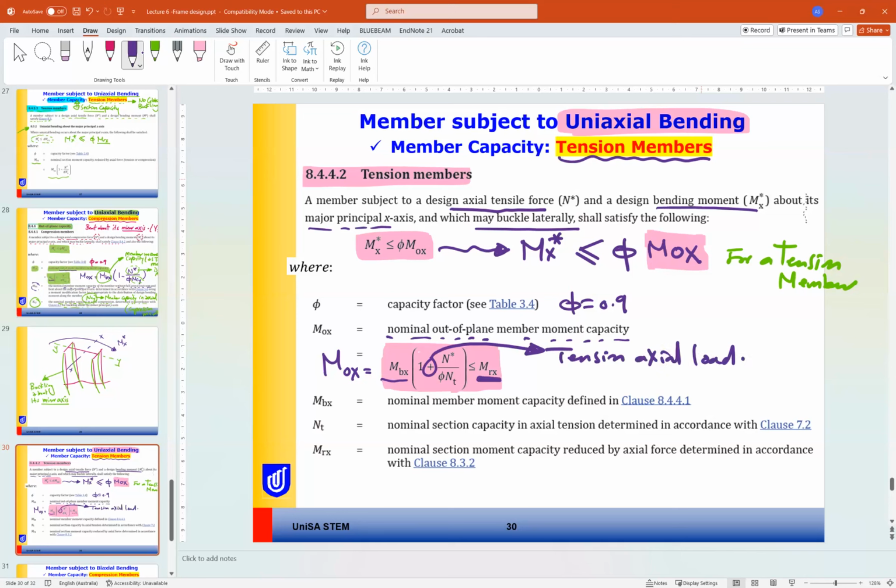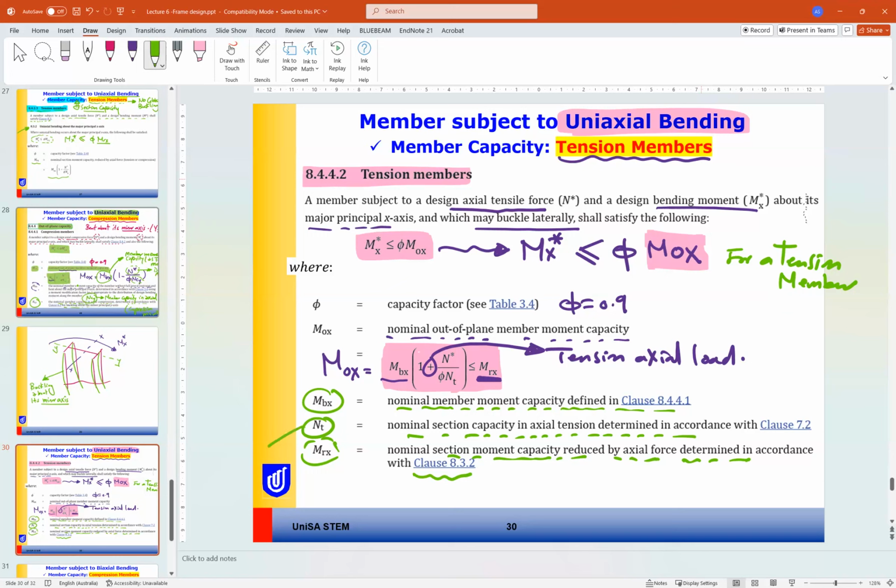And the maximum limit for this is MRX, where MBX is the nominal member moment capacity and NT is the nominal section capacity in axial tension, and MRX is the nominal section moment capacity reduced by axial force, and we have calculated this one earlier in section 8.3.2.